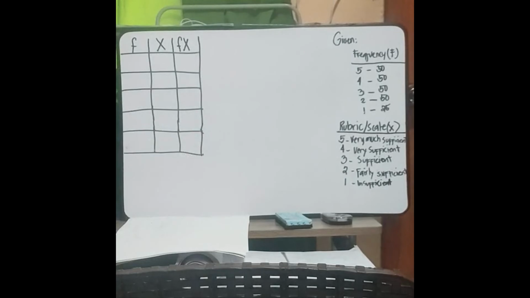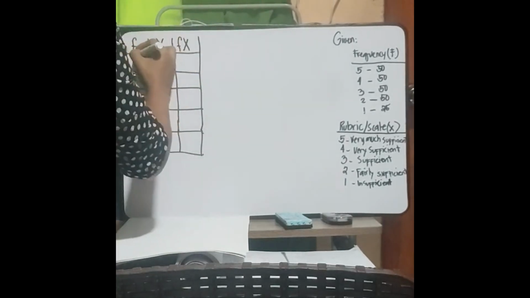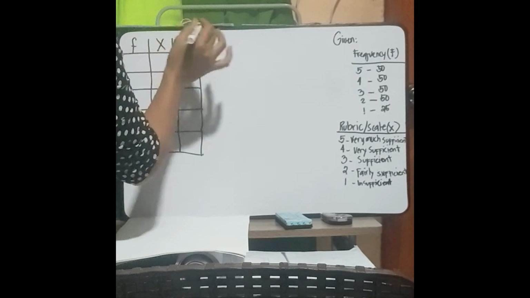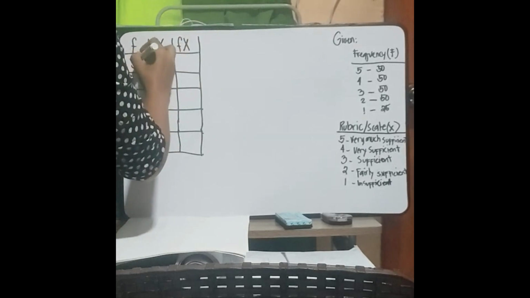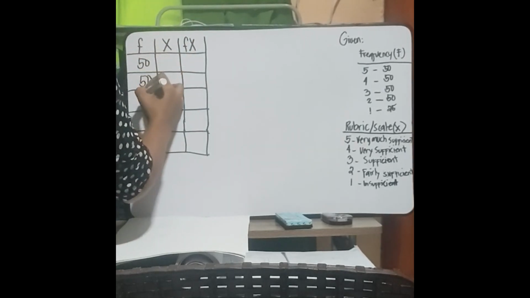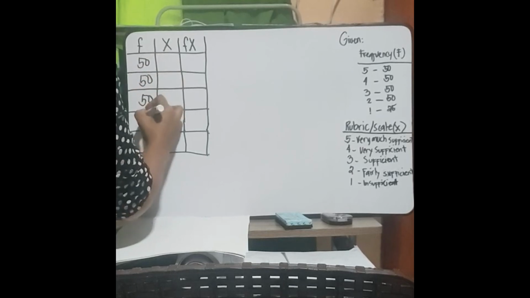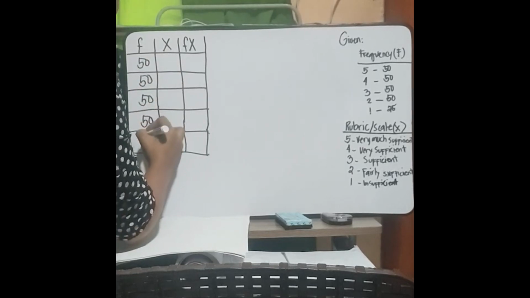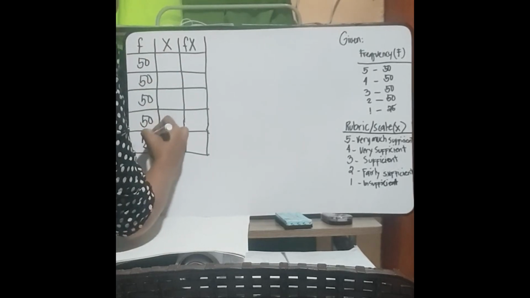Okay. So, F sub 1, we have 50. Our F sub 2, we have 50 again. F sub 3, 50. F sub 4, 50. And then F sub 5 is 25.